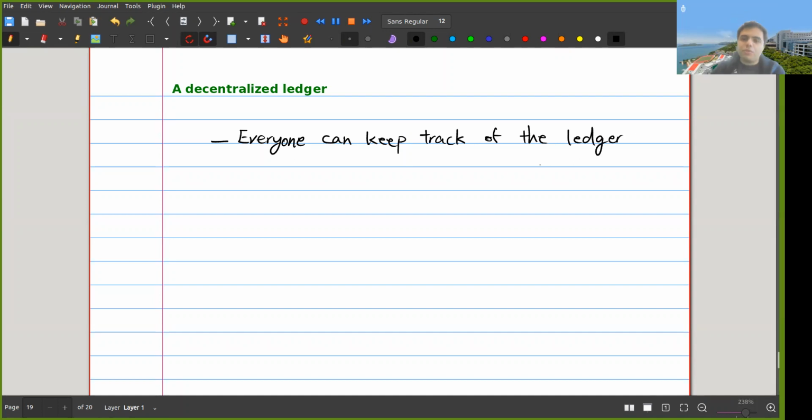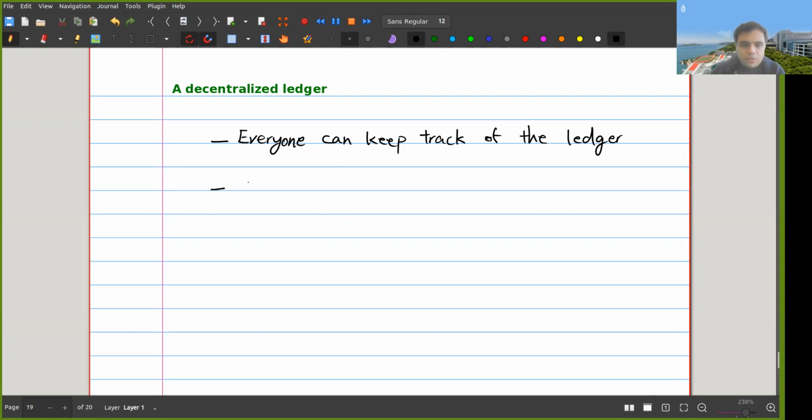Okay, so we don't have one single source of truth, for example, the bank's ledger that says that anything that I say is true. Anyone has their own copy of the ledger. And of course, the problem that happens as soon as you have several copies is how can you make sure that all the copies are the same?